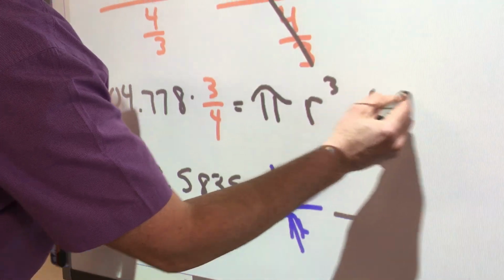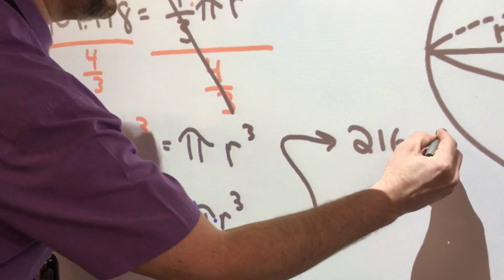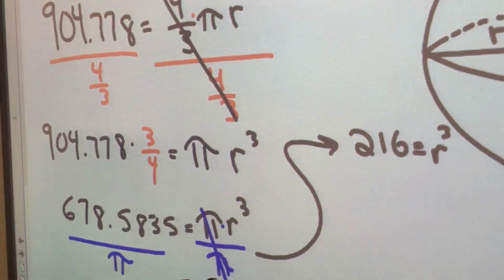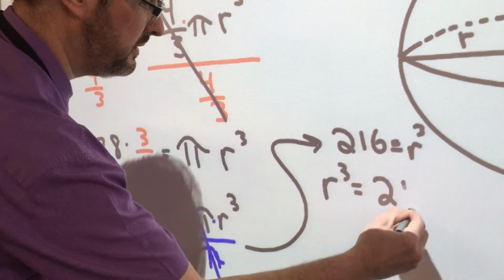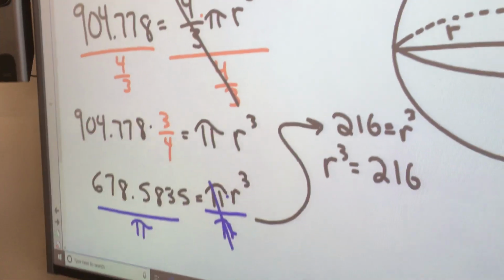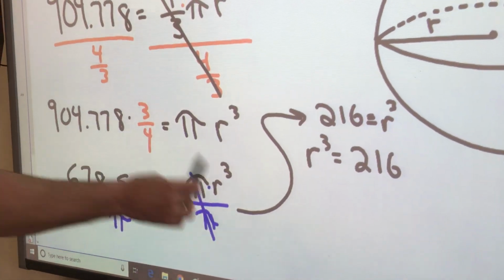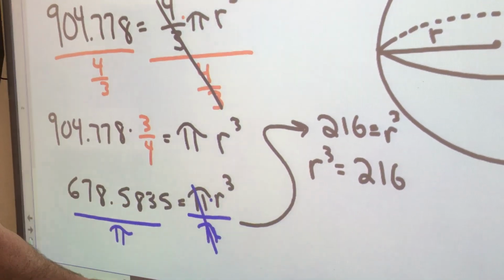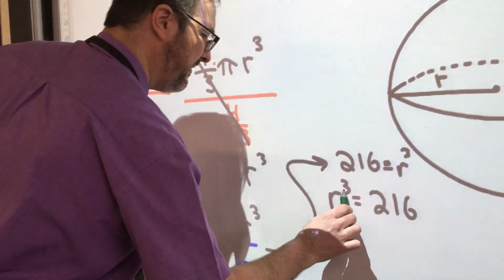So let's take our work over here. I have 216 equals R cubed, and that's an equals. And I'm going to rewrite things so it looks a little neater, a little more of what we're used to, right? Just going to rewrite the equation. There's nothing wrong with that. I can rewrite it like that all day. Now, again, we're going to use our inverse operations to try to get R all by itself. Now, when I'm trying to get R all by itself, I got to get rid of that cube.